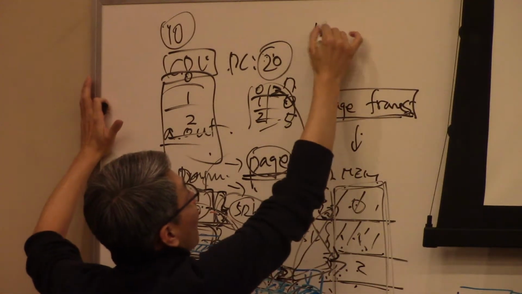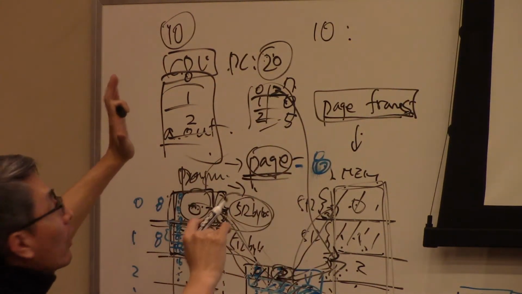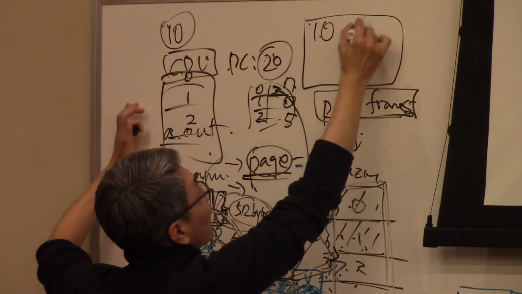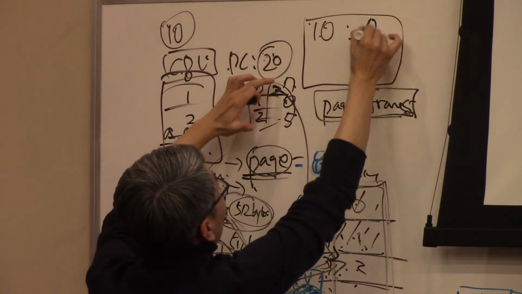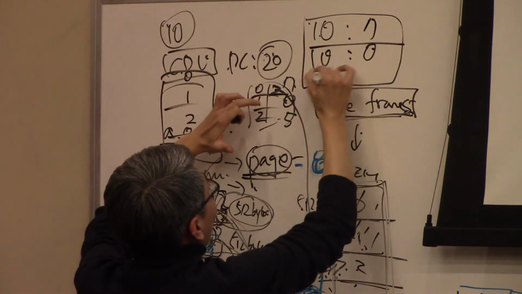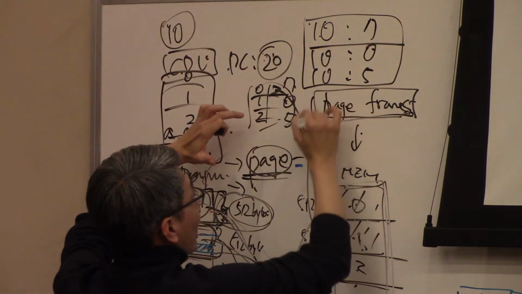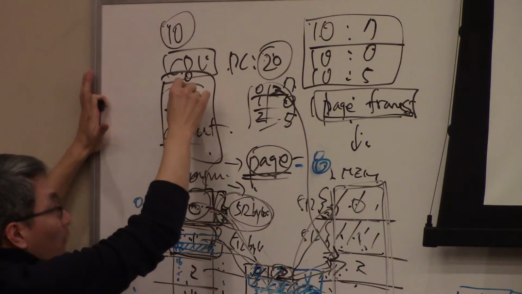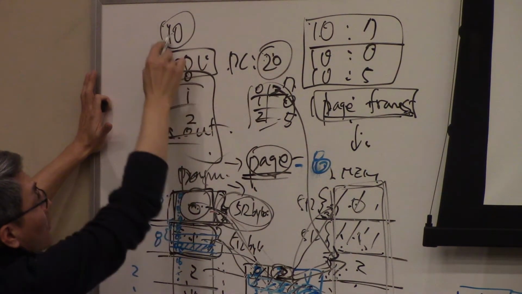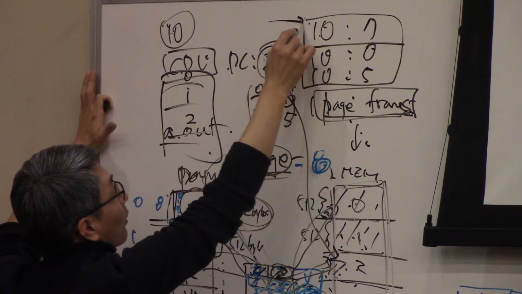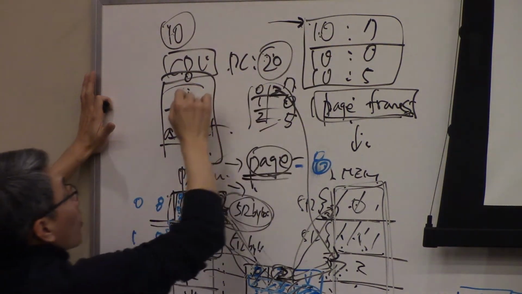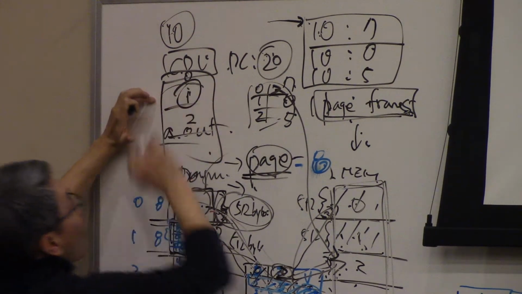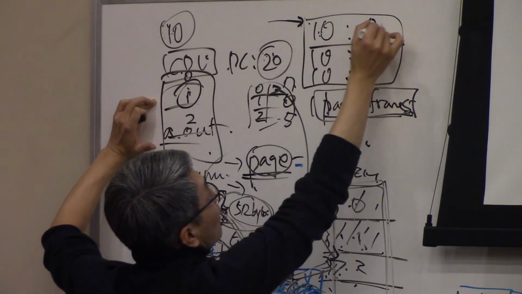So the address format is process ID 10. Then, for example, the page table has entries: process 10 with page 0 at frame 7, process 10 with page 1 at frame 0, 10 with page 2 at frame 5, and process ID 11, and so on. So when you search the page frame for process 10, you go to the page table for process ID 10 and search the page frame number for logical page 1.